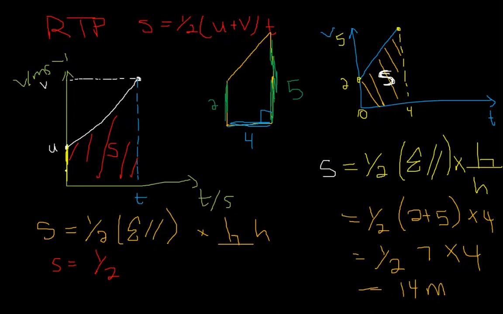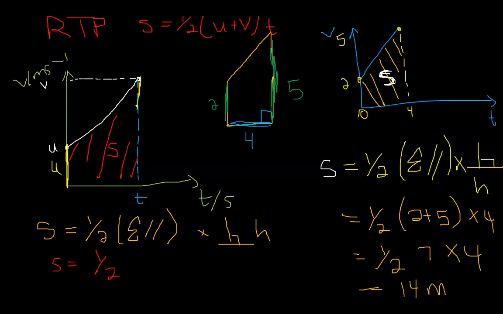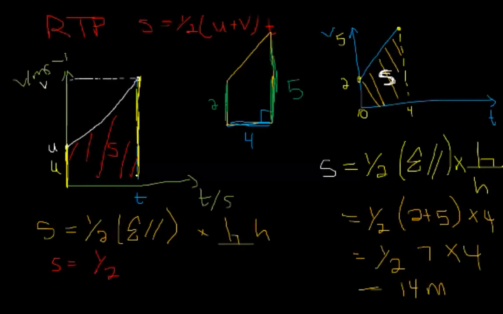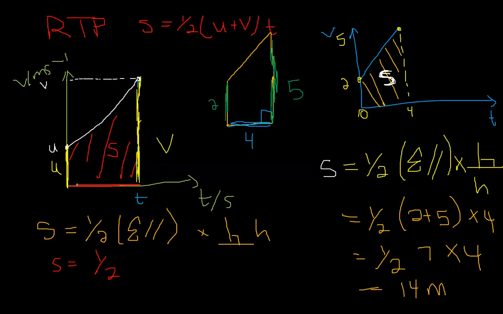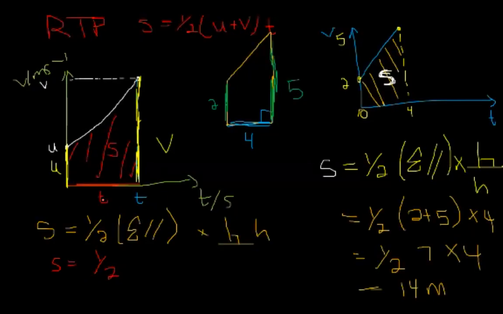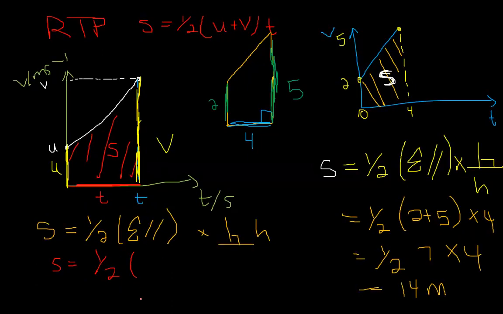This side is one of my parallel sides, so this is U. This is my other parallel side, which is V. So that's U plus V. And then here to here, let me use a different color, is T. So now substituting that into my formula, the sum of the parallel sides, U plus V, multiplied by the perpendicular height.